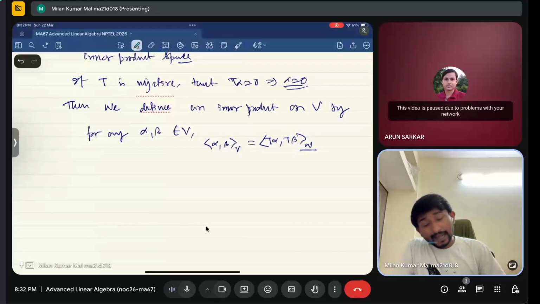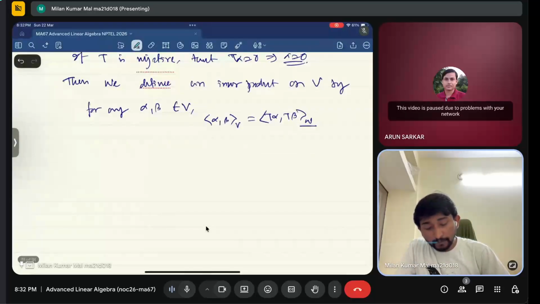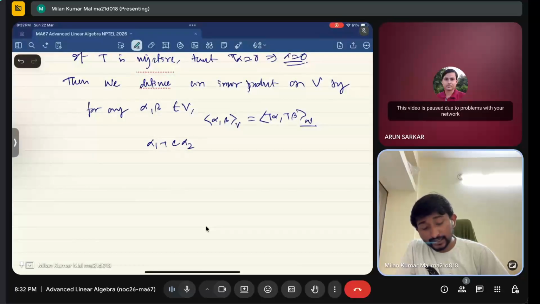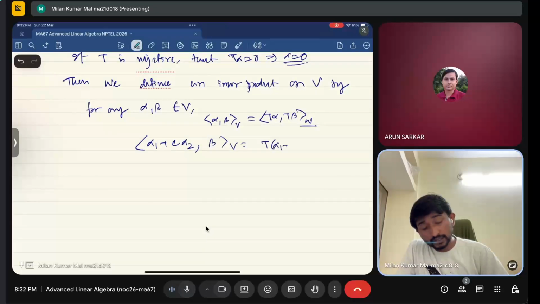Now as T is a linear operator, this will satisfy linearity in the first component. We can check it. The inner product of alpha 1 plus C alpha 2 with beta equals the inner product in W of T(alpha 1 plus C alpha 2) and T beta. As T is linear, this is T alpha 1 plus C T alpha 2 comma T beta.